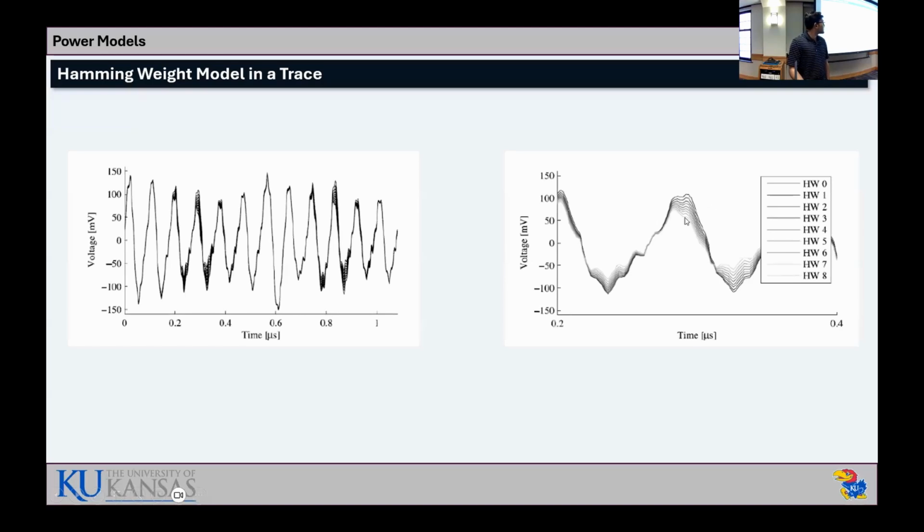For 0, suppose it is here, and for 1, 2, 3, 4, up to 8, it is actually changing. This indicates how the Hamming weight affects your power trace. This is useful information, because with this you can tell which kind of data your microcontroller or your processor is handling right now.